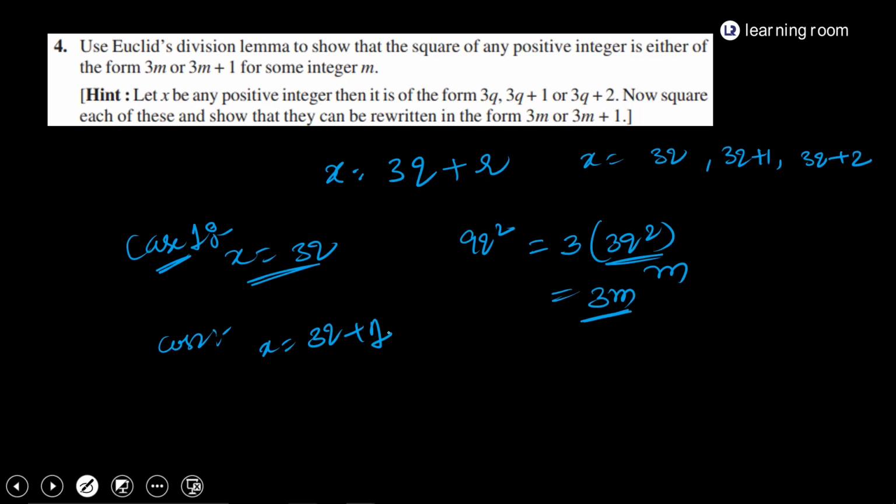So what is the square of 3q plus 1? Rohit? 9q square? 3q plus 1 whole square. 9q square plus 6q.